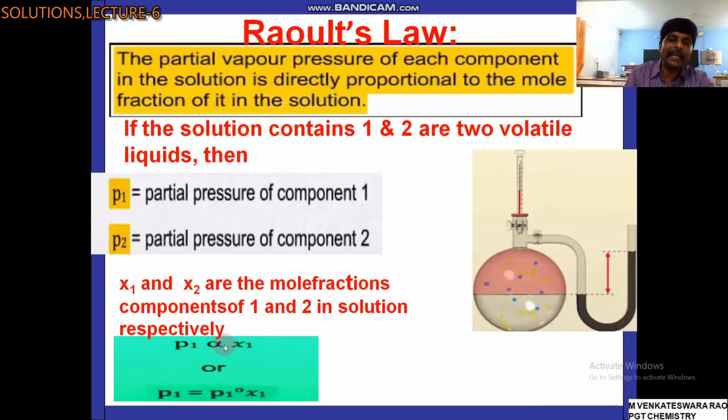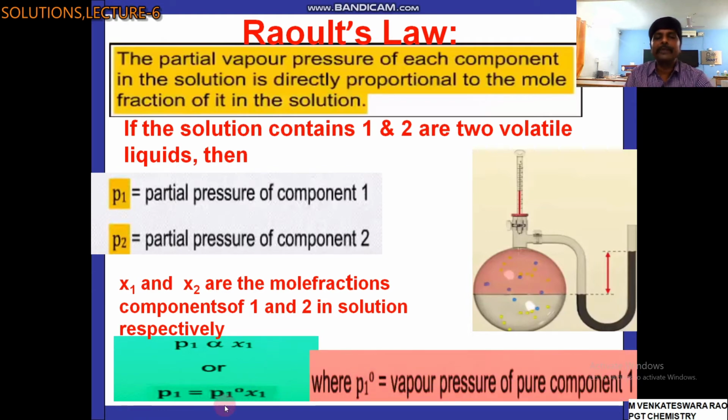P1 is directly proportional to X1, or P1 is equal to P1 naught into X1, where the proportionality is replaced by an equals sign. What is P1 naught? P1 naught is the vapor pressure of pure component 1.